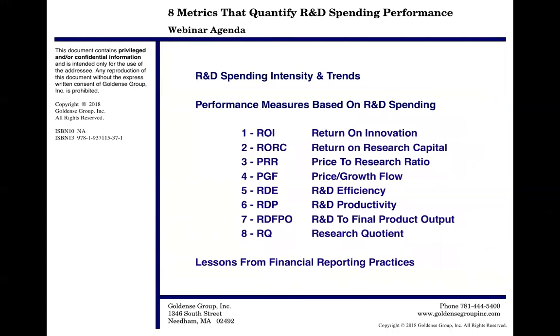GAAP is the USA's set of accounting standards. IFRS is the EU and much of the rest of the world's accounting standards. There are some differences. So-called non-metrics, non-GAAP, non-IFRS, are sufficiently imperfect such that they cannot be used in financial accounting and/or reported in the financial statements of company reports, except in the notes section.